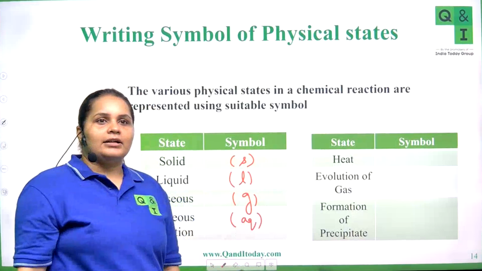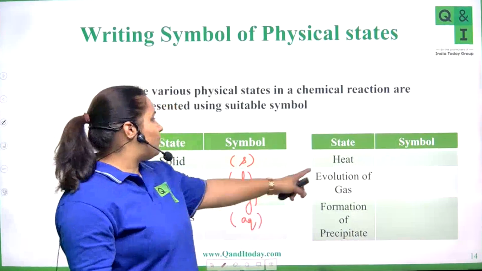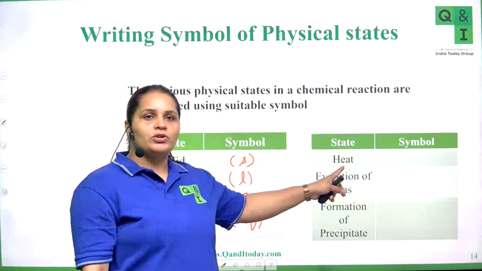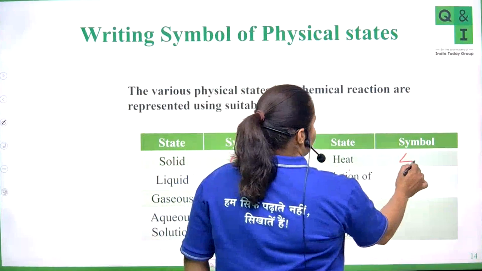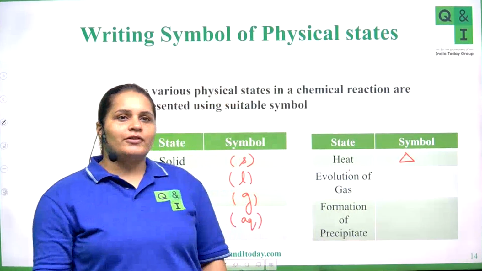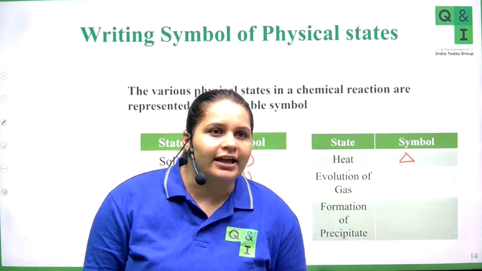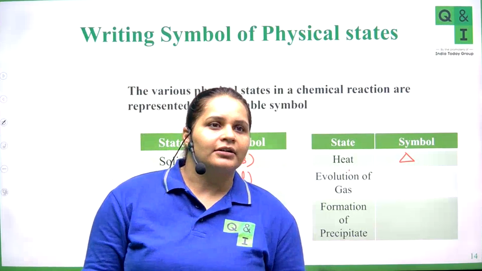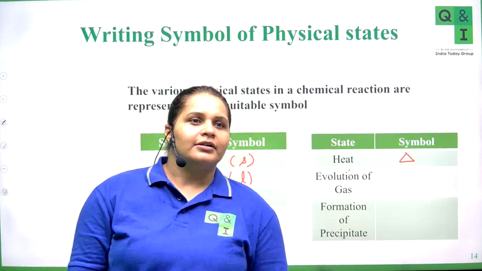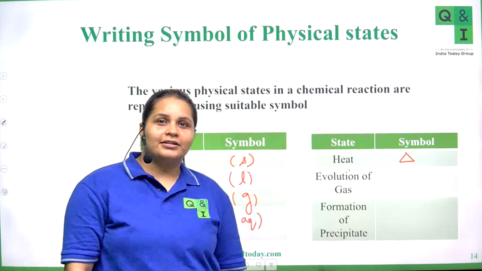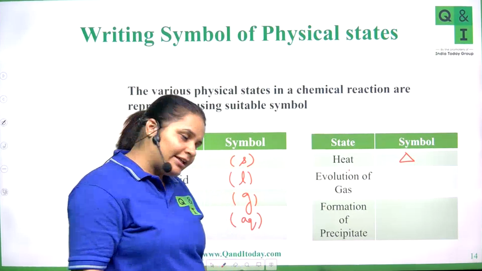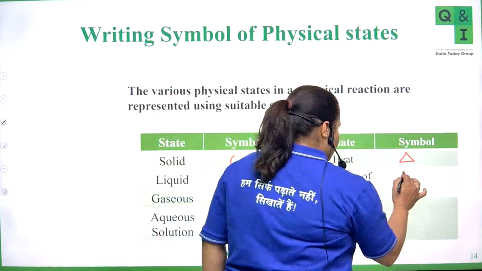Then Devi, will you tell me the symbol for heat? What do we use? A triangle. Exactly, we use a triangle. Evolution of gas? Is it an upward arrow, ma'am? Yeah, upright arrow.